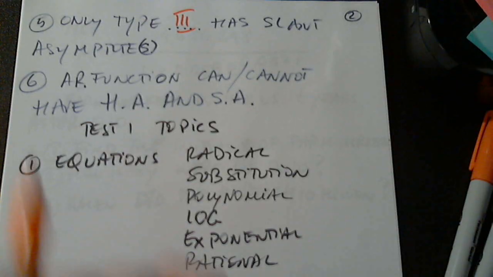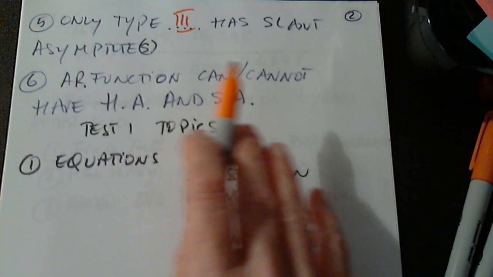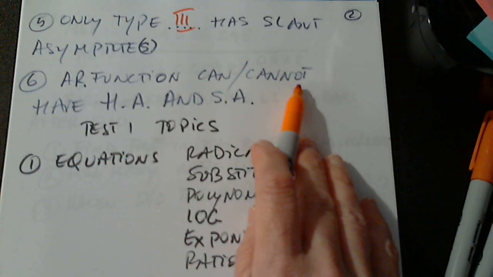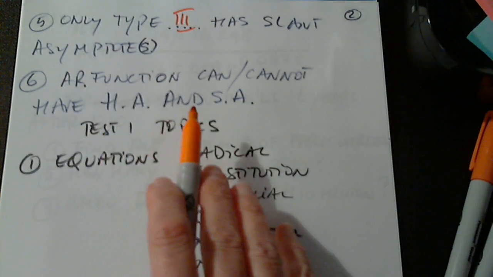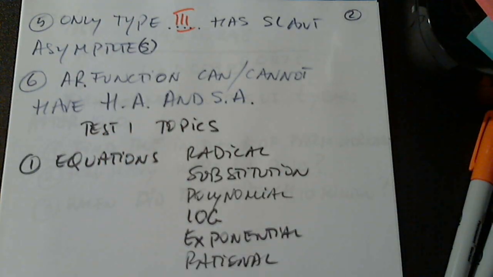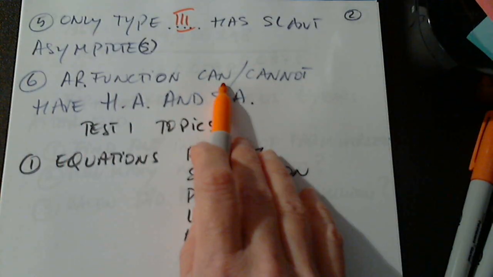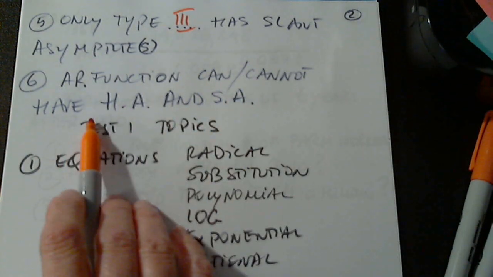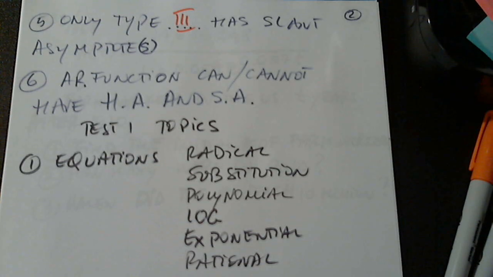Perfect. A rational function can or cannot have a horizontal asymptote and slant asymptote at the same time.